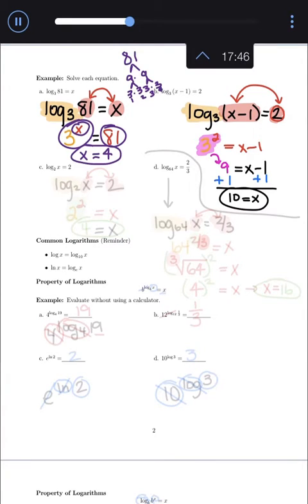In problem C, we have log base 2 of x equals 2. So again, using the same property, using inverses, I can rewrite this log base 2 as an exponential base 2. But again, since I'm turning it into an inverse, I need to swap the other two values.